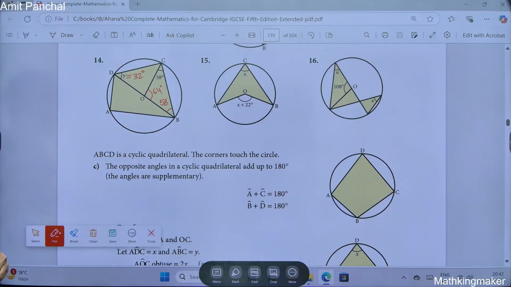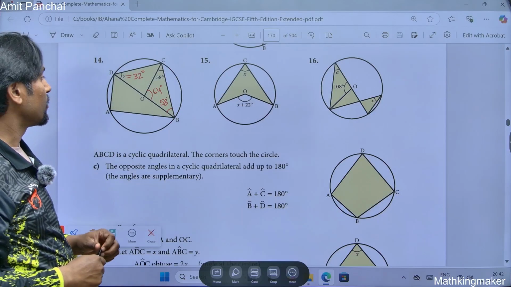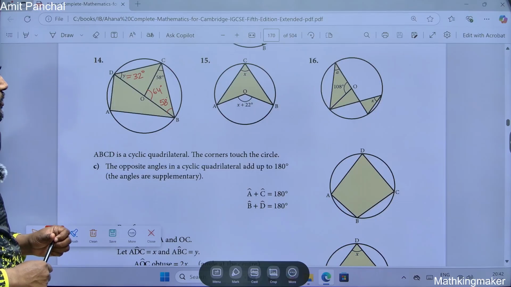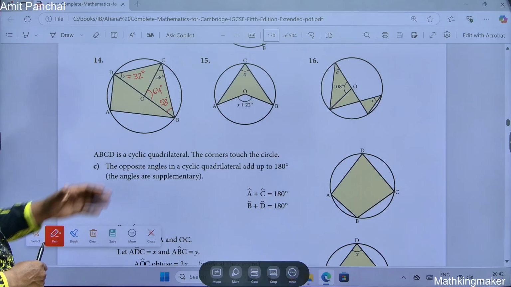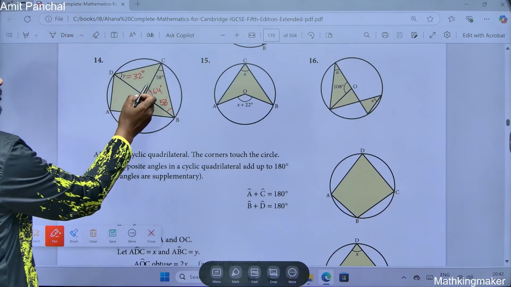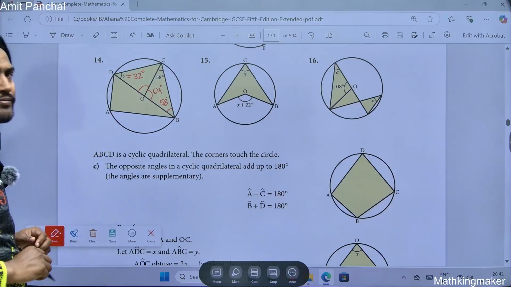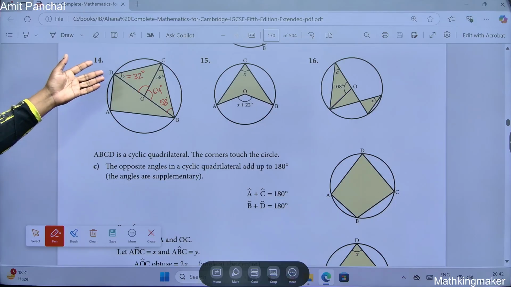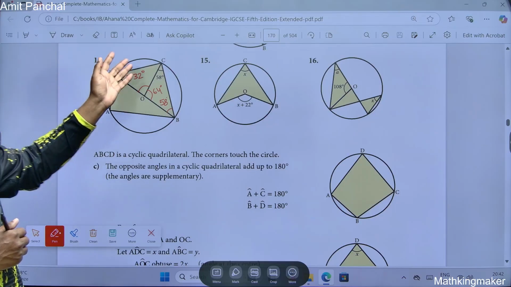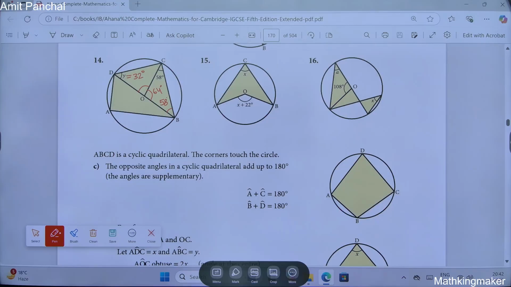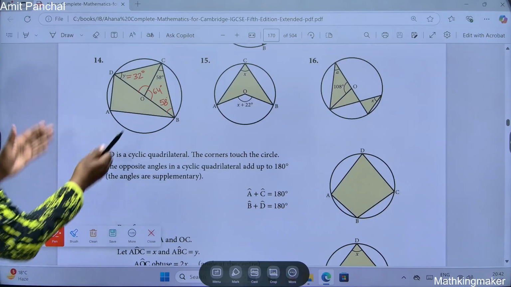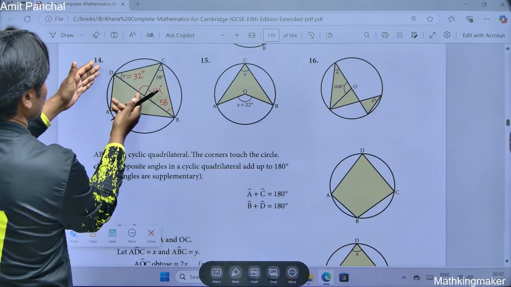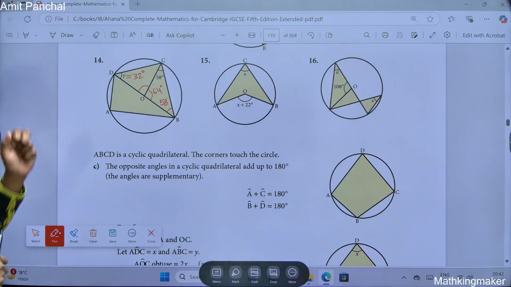Okay, so it is a straight line, so you can find out this is 116. Also you can do it in that way. See that OY, OD and OC are your radius.